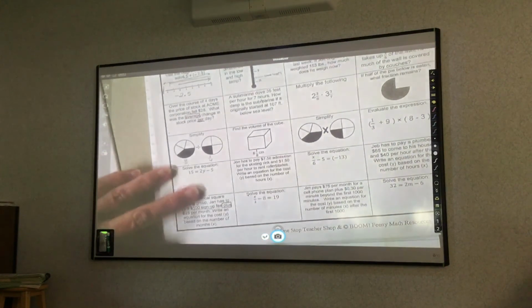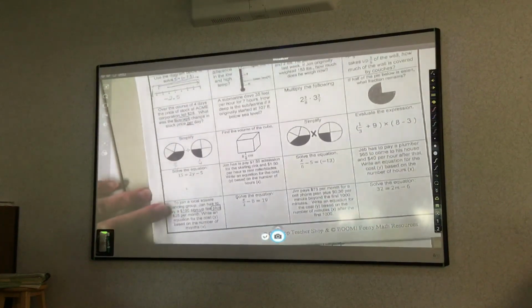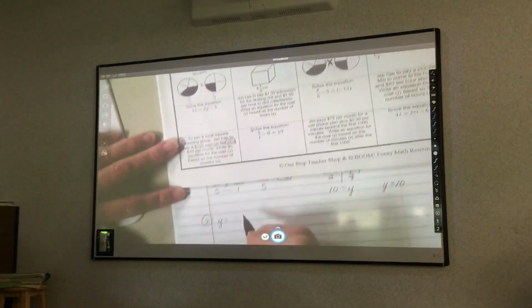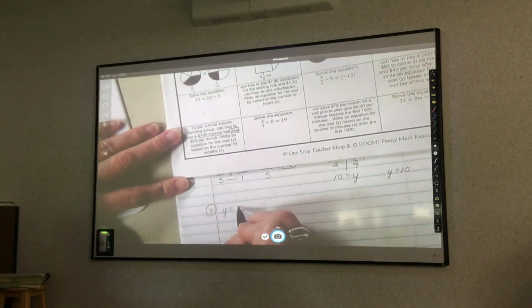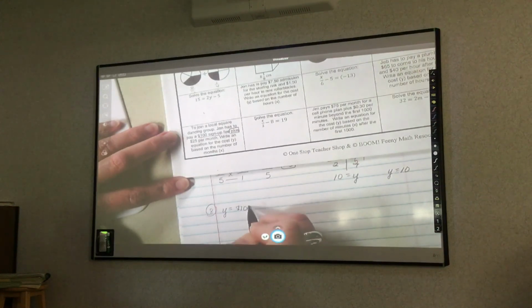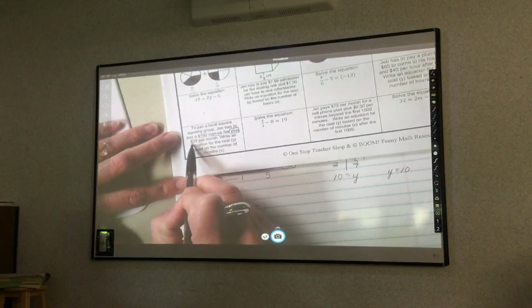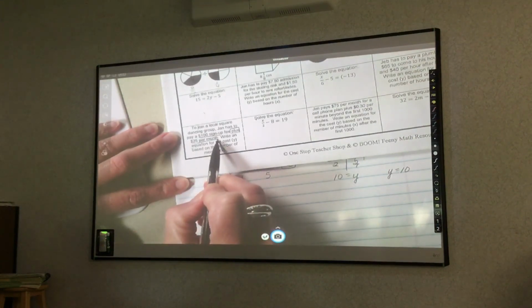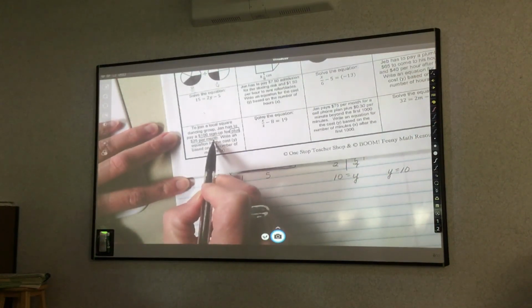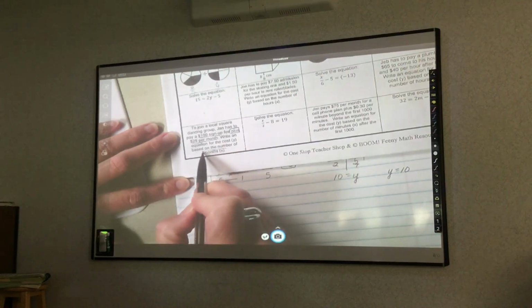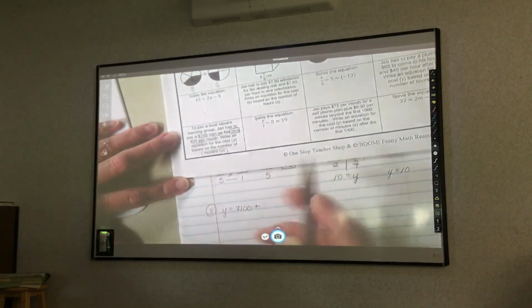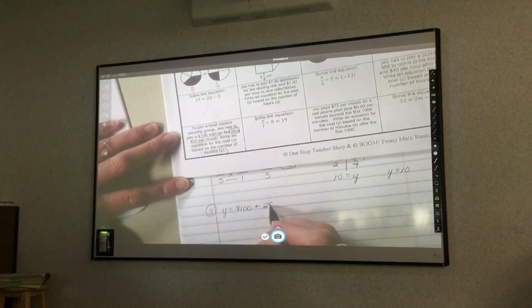So I'm going to write on my line paper as I read through this. y equals my $100 plus, then it's $25 per month. Do I know how many months? No. It tells me right here, the number of months is x. So it's plus 25x.